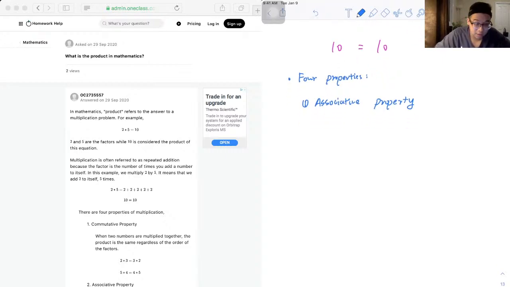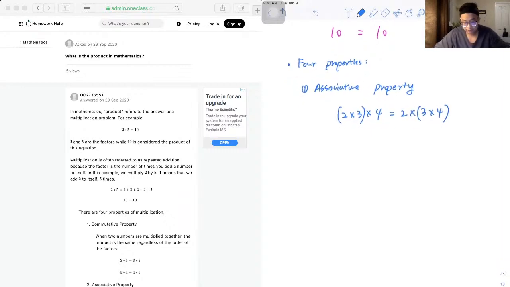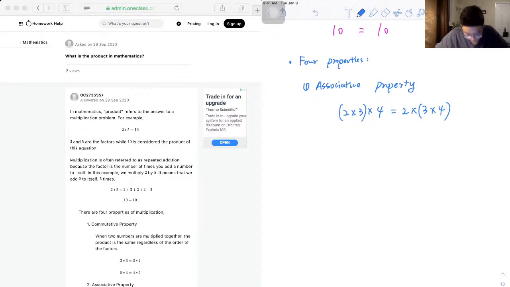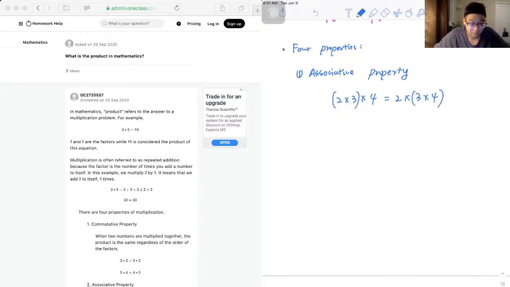So for say we got 2 times 3 times 4, and if I group the first two, this is going to be equal to 2 times 3 times 4, and I group the 3 and 4. Yeah, so it doesn't matter what your groups are. The product is the same regardless of the grouping of the factors.